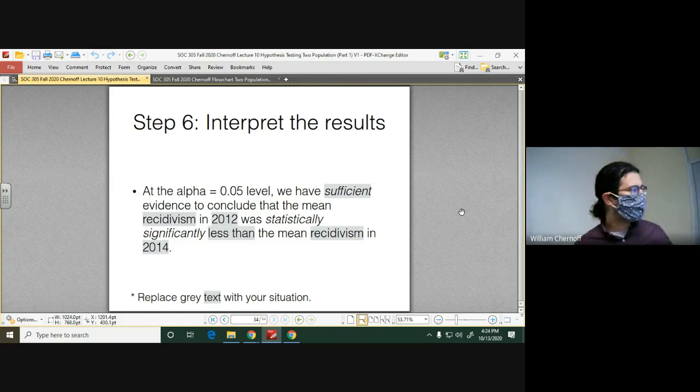At the alpha equals 0.05 level, we have sufficient evidence to conclude the mean recidivism in 2012 was statistically significantly less than the mean recidivism in 2014. In more everyday language, the average recidivism in 2014 was larger than it was in 2012. So the idea is that on average, the youth were taking longer to come back into the system in 2014 than they did in 2012.